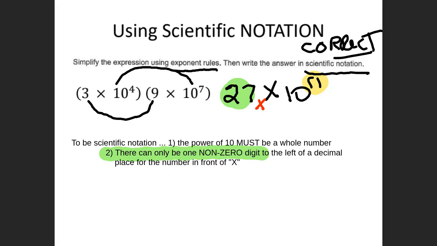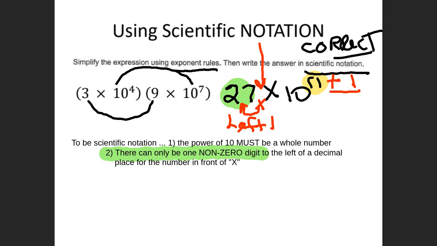Now, we're going to move it over left 1. Now, when we move it left 1, we are adding 1 to the 11. When we move the decimal, which is behind the 7, left, we moved it one place, we are adding 1 to the power of 10.